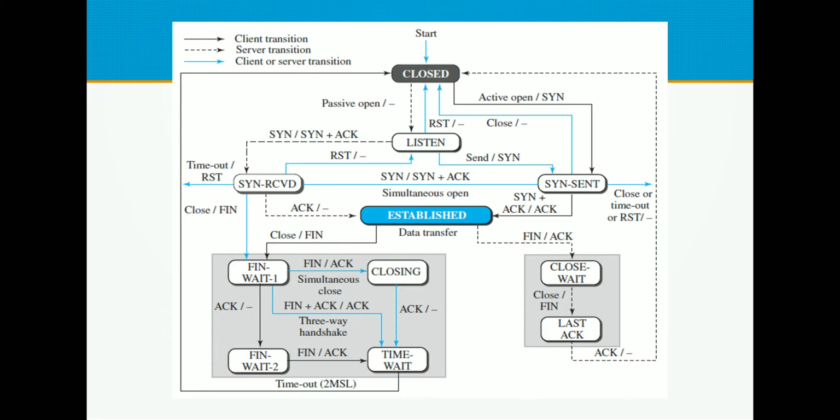Any transition or arrow using a solid line represents the client transitions. These are related to clients. Similarly, the dotted lines represent server transitions, and the colored lines, those shown in blue, represent special situations. They could be either a client or a server transition.